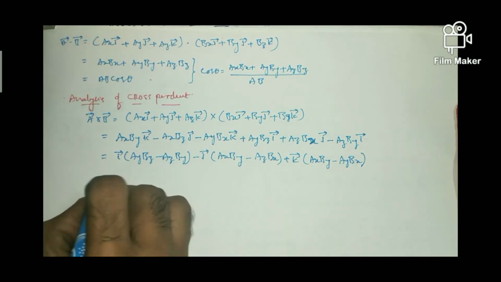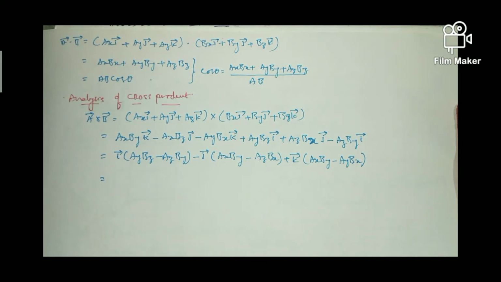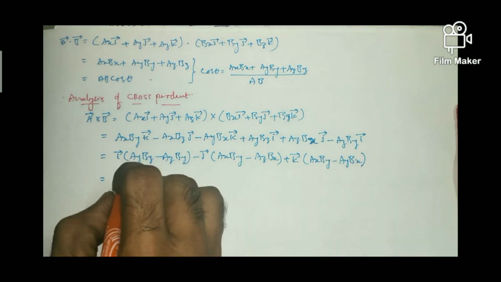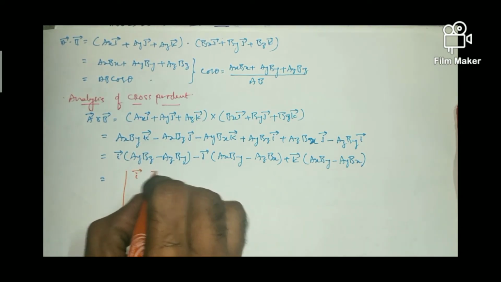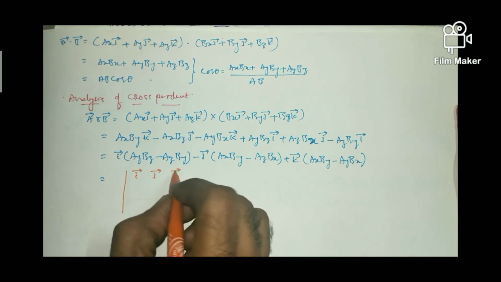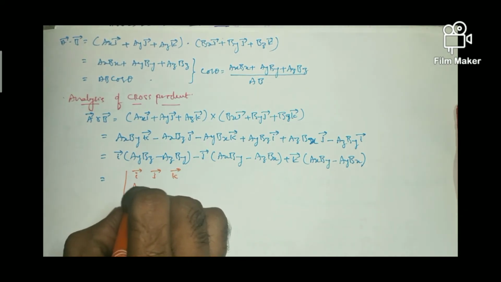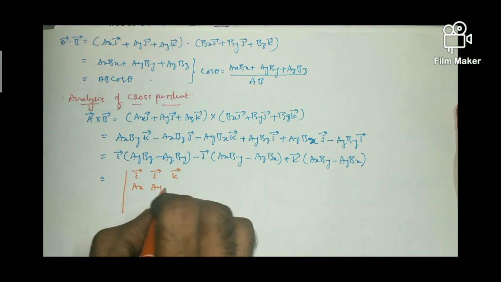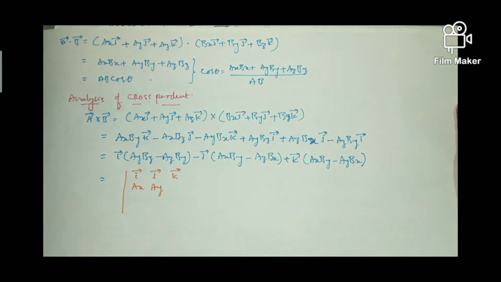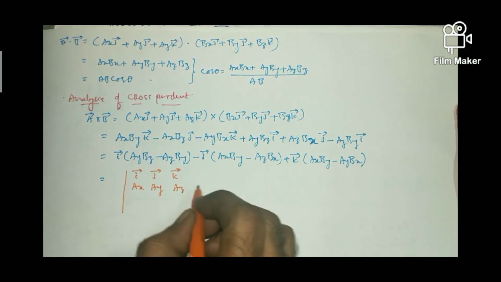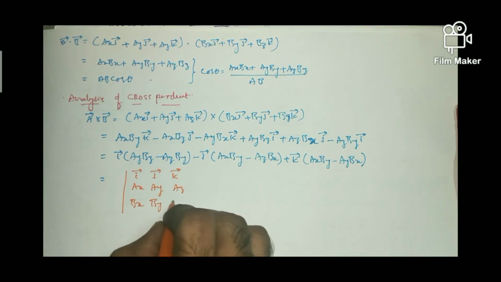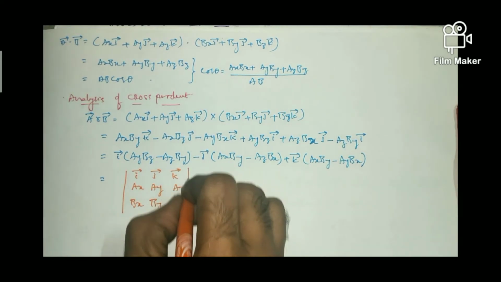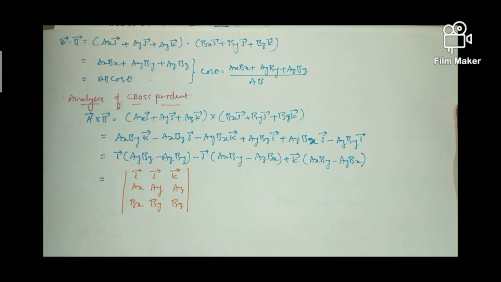And this is nothing but the determinant of a matrix consisting of 3 rows and 3 columns, among which the first row will be the unit vectors i bar, j bar and k bar. The second row will be the coefficients of the first vector ax, ay and az, and the third row will be the coefficients of the second vector bx, by and bz.